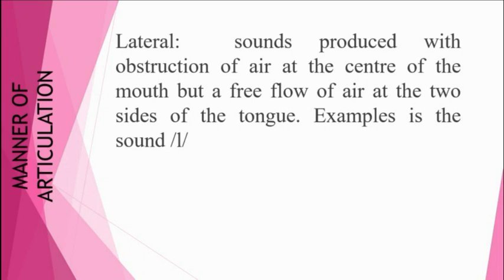Instead, it would be released from both sides of the tongue. Because of the twist, the air would not be able to come out of the front of the mouth. It would then come out through the two sides of the tongue, and that is what makes the lateral sound. So basically, the free flow of air would be obstructed from coming out of the front of the mouth. Rather, you would have it coming out from the two sides, and that is what defines the lateral sound.